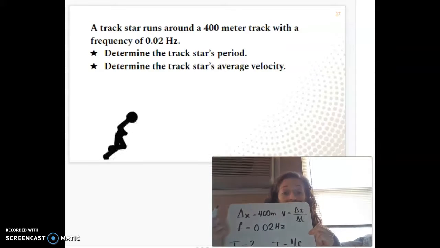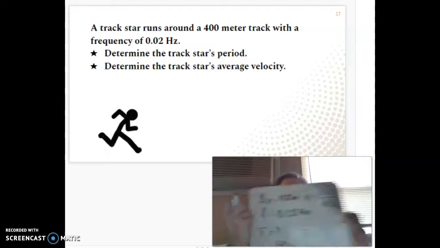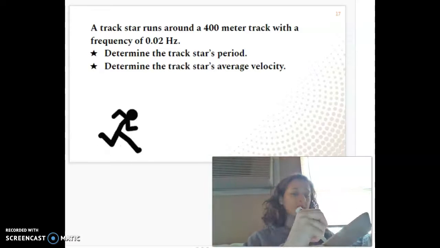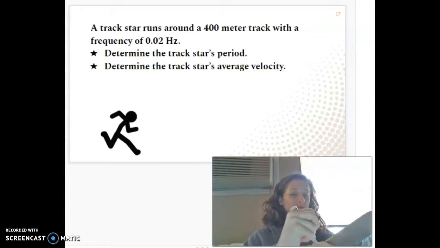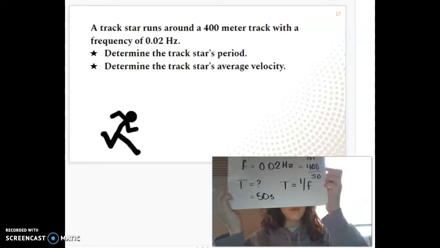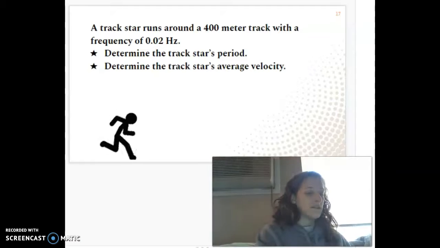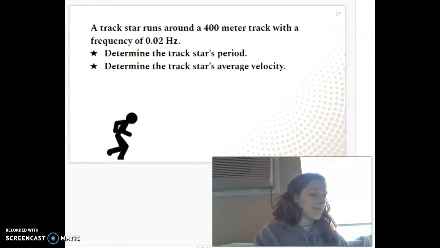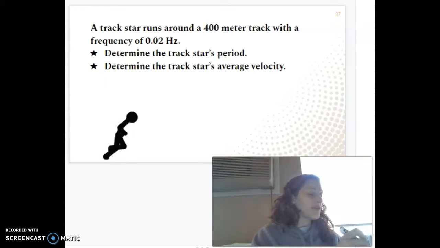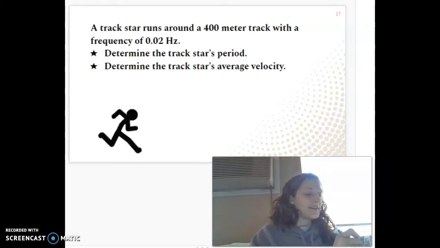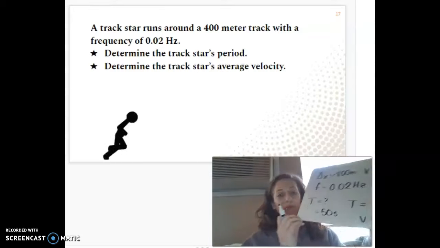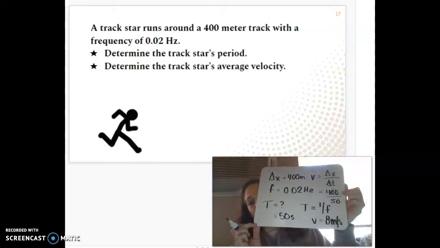So the track star ran 400 meters in, we know now, 50 seconds. So 400 over 50 is 8. So the average velocity of this track star is 8 meters per second. Ooh, there it is.